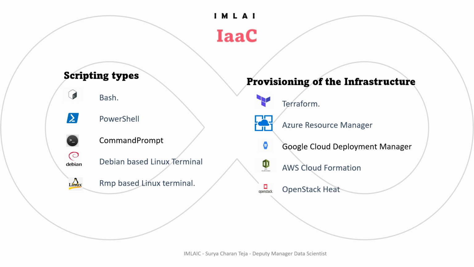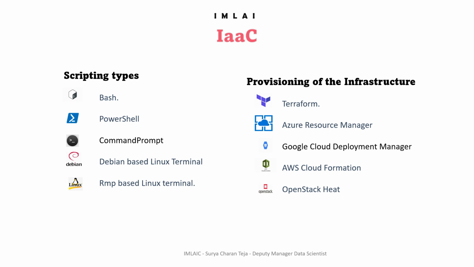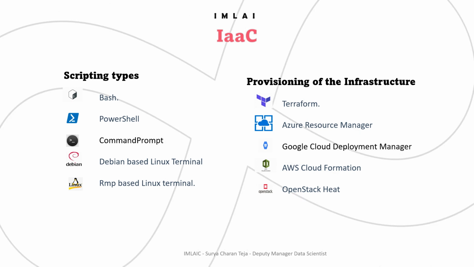And now, to provision the infrastructure, to create a server, instead of doing it manually, we can do it using certain tools. The most famous tool in that is Terraform. And in addition to that, we have Azure Resource Manager, Google Cloud Deployment Manager, AWS CloudFormation, and OpenStack Heat.